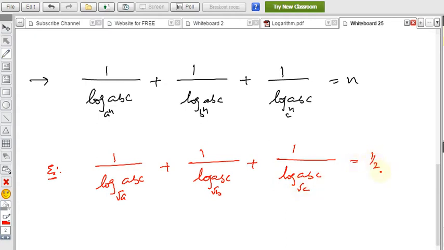That value is 1 by 2, because root a is a to the power 1 by 2. That is the power here, a to the power n, so the n value is 1 by 2. Here root a is a power 1 by 2, root b is b power 1 by 2, root c is c power 1 by 2. So 1 by 2 is the answer.